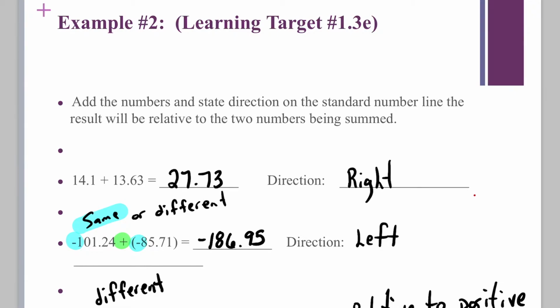We're going to start here and figure out which direction our result will be when we add 32.31 and negative 57.12.